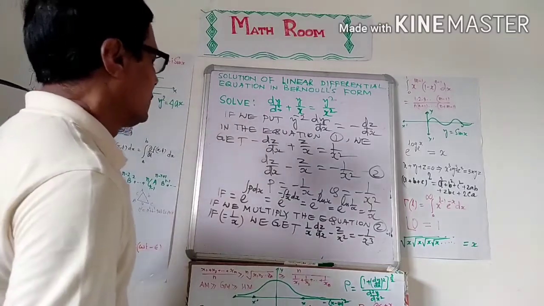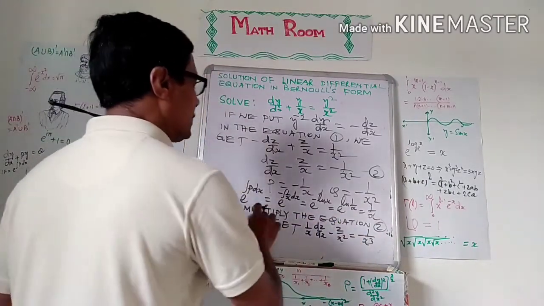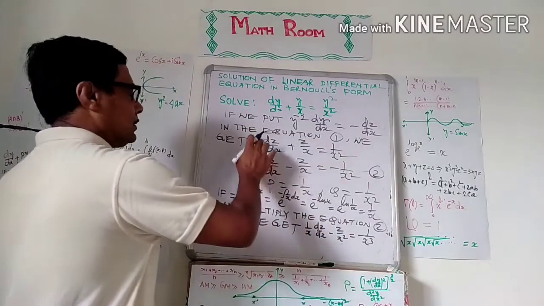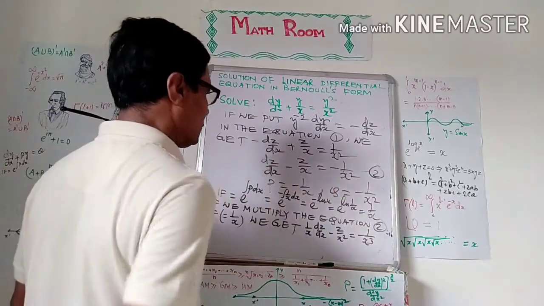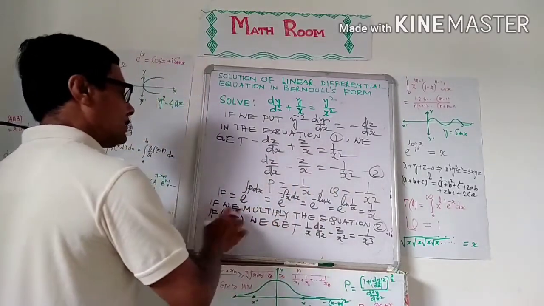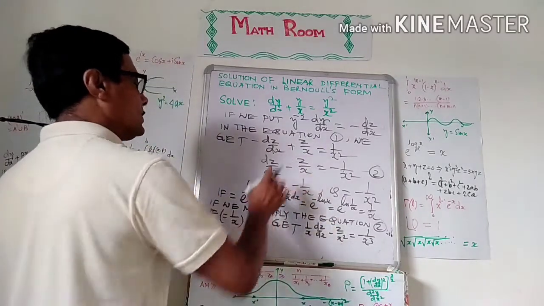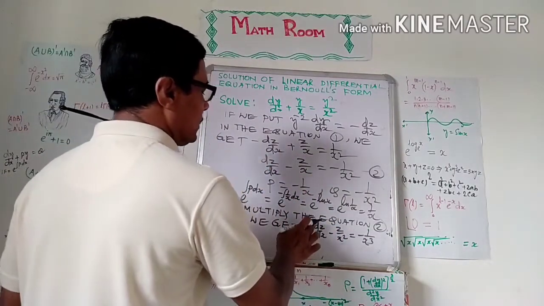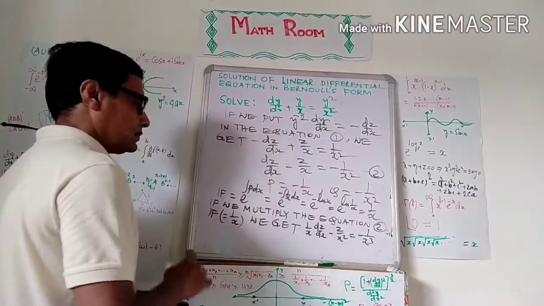This is the form after multiplication on both sides of equation 2, the changed form of this equation.